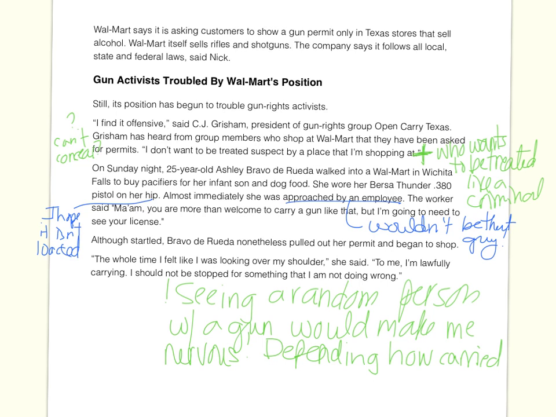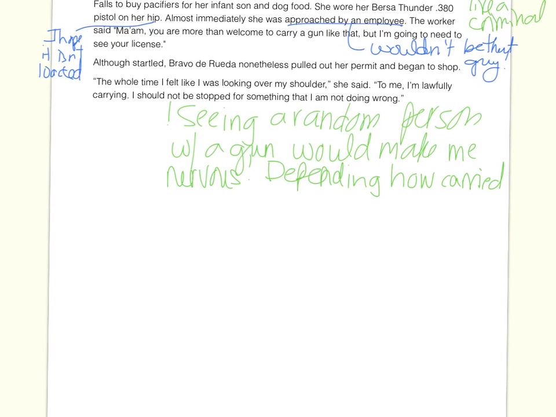So that's what annotating the article could look like. You might not have had the same thoughts as I did while you read, but I'm sure you thought things too. When you go through and annotate, you're basically writing down your thinking as you go through it. What I'd like to see when you annotate is at least 8 to 10 per article.